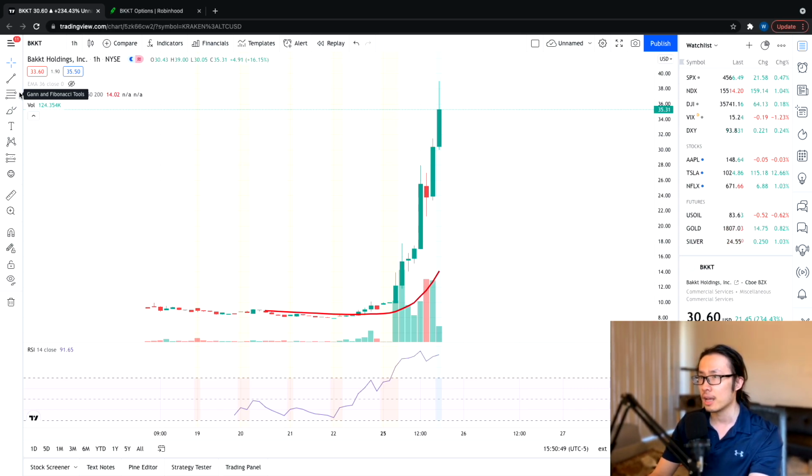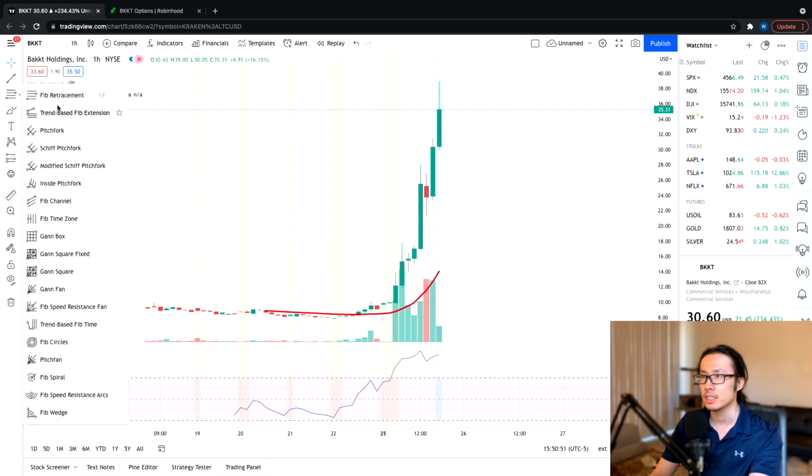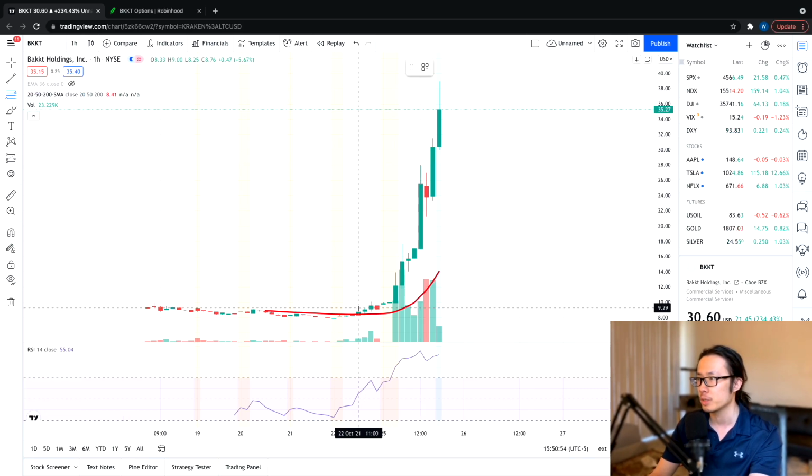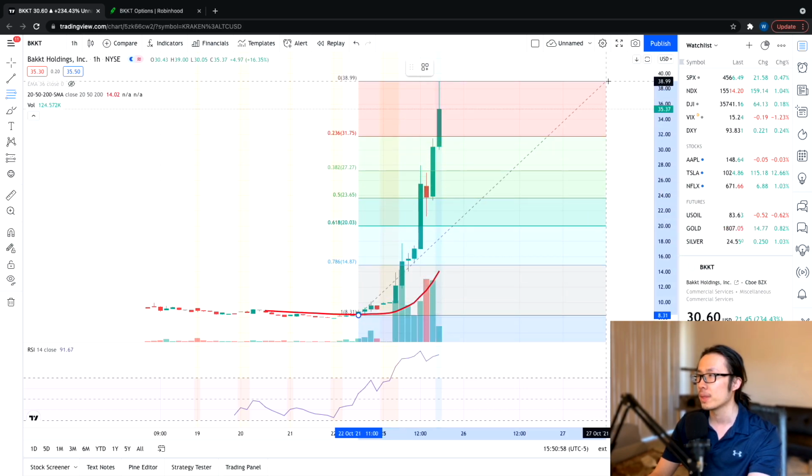Going through the same process that we did for DWAC, we're looking at a Fibonacci retracement. We're going to draw it from the bottom here all the way to the tip. If we wanted to go aggressive, we could be buying around this level, around $27, and selling around 31.8. So buying around 27 and selling around 31, that's a $4 per share profit that we're looking at.